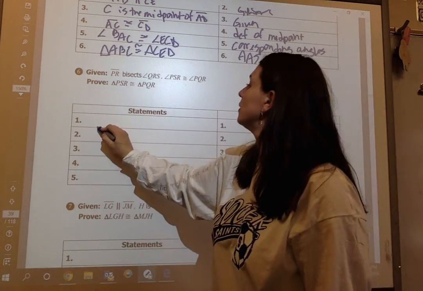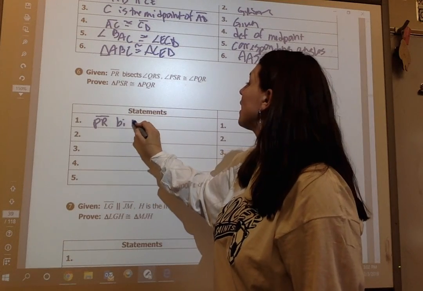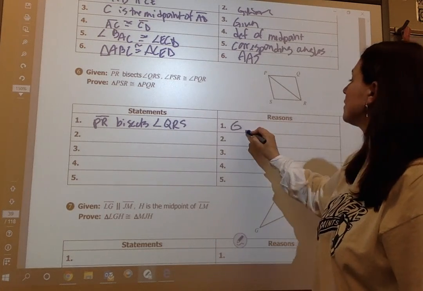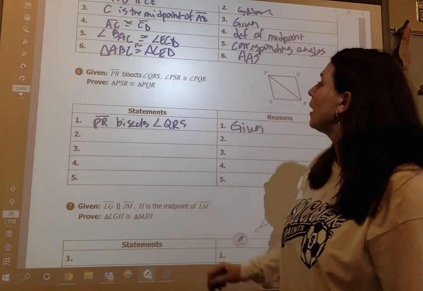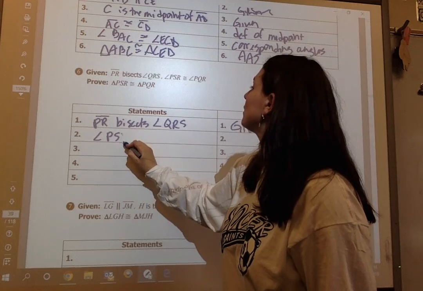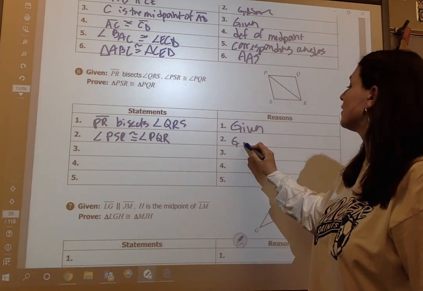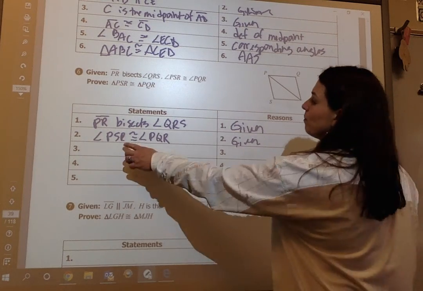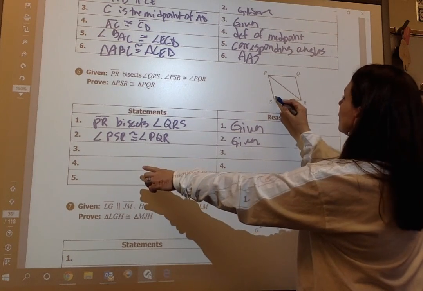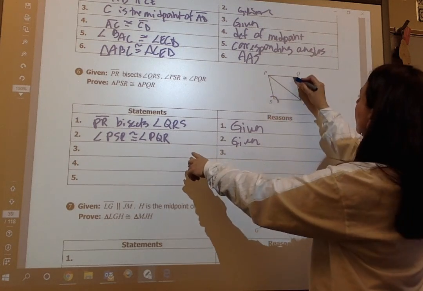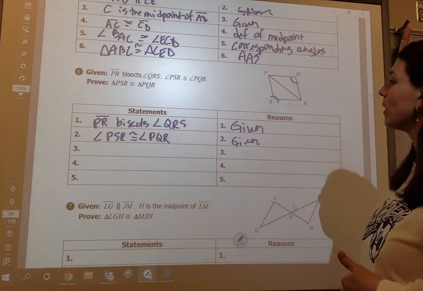All right, number 6. PR bisects angle QRS. That's given to me. I know that angle PSR is congruent to angle PQR, and that's given to me.